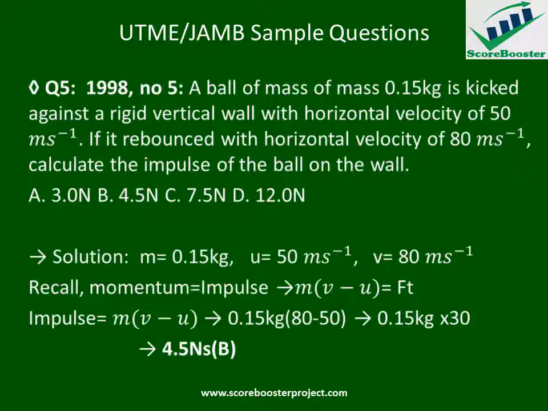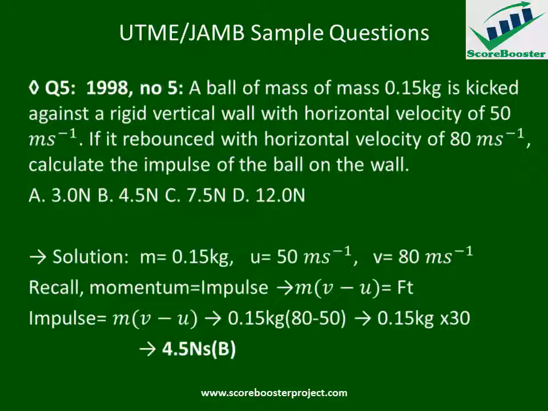If it rebounds with the horizontal velocity of 80 meters per second, calculate the impulse of the ball on the wall. You are given option A to be 3.0 Newton, option B to be 4.5 Newton, option C to be 7.5 Newton, while option D is 12.0 Newton. In solving this particular question, you write out the given parameters first.